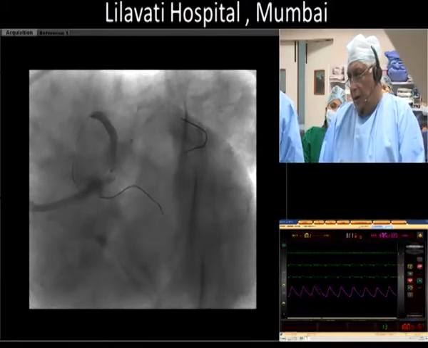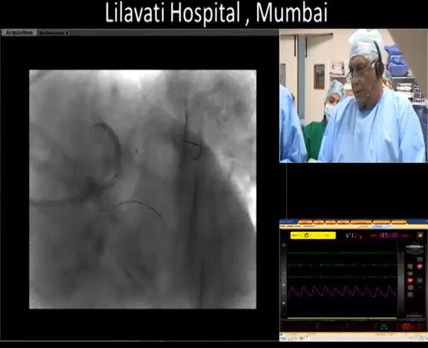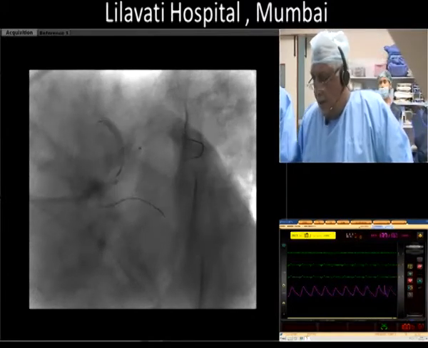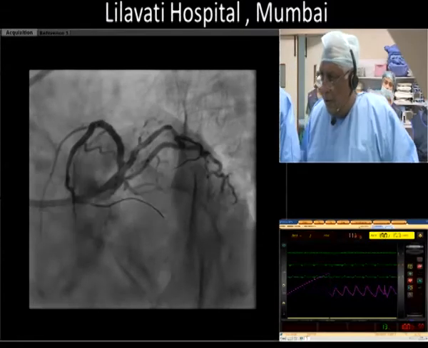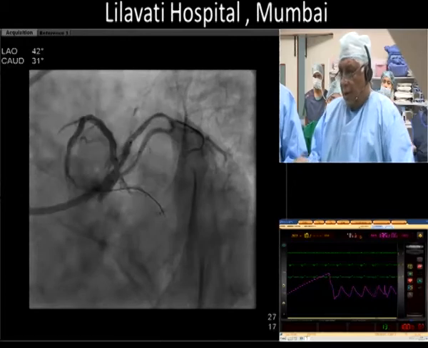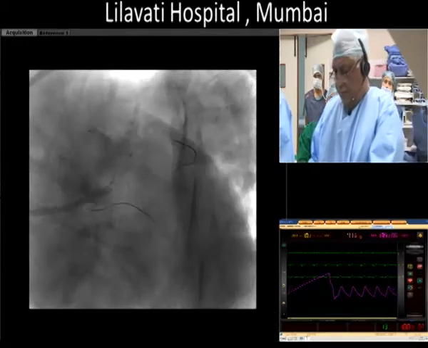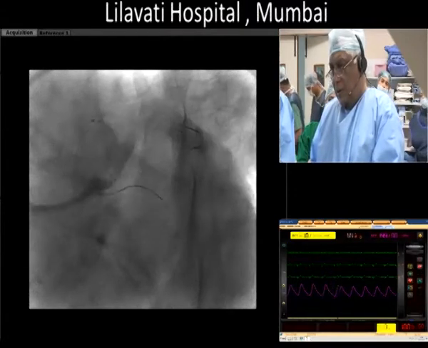Yeah, negative. Okay. Go with the diagonal balloon. Right.